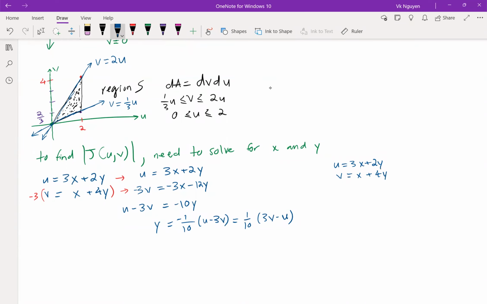To do the same thing here, I'm going to get rid of the y, so I'm going to multiply this one by negative 2. And this one is going to cancel out. How nice.